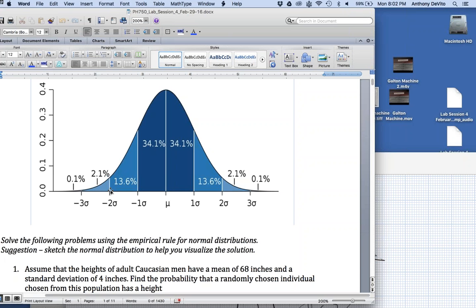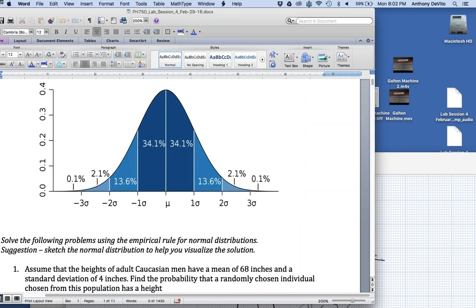That was 68%. So that represents 34% of the people, right? This area in here represents 34% of the people in this population. Okay. So we're going to use this to help us understand this distribution.